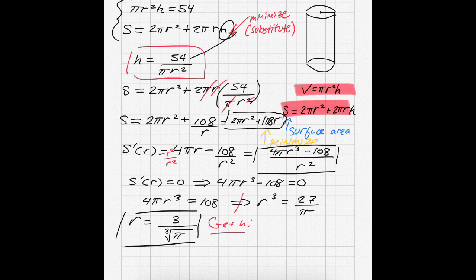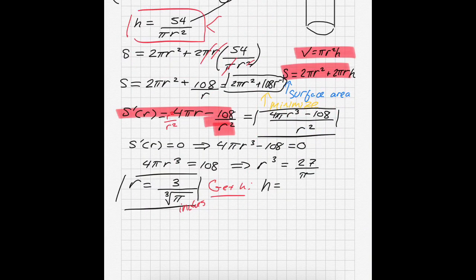So here's my equation for height. Now that I have my r, I just need to get my corresponding h. So I'm going to plug my r in and see if I can simplify it. This is going to be a little ugly.